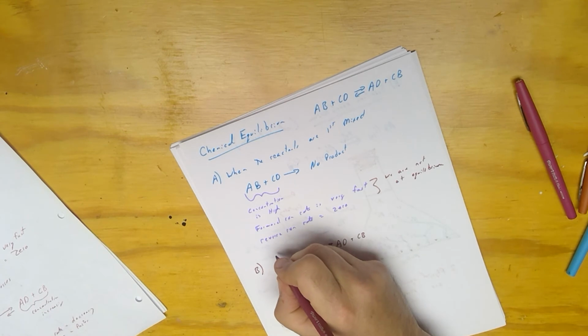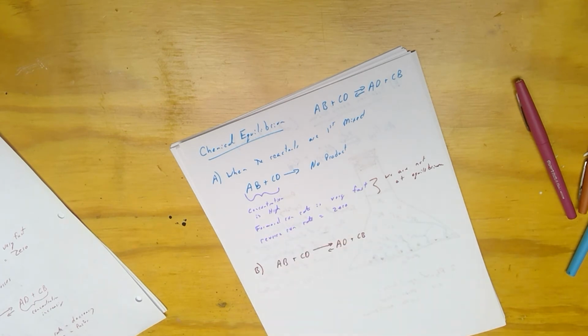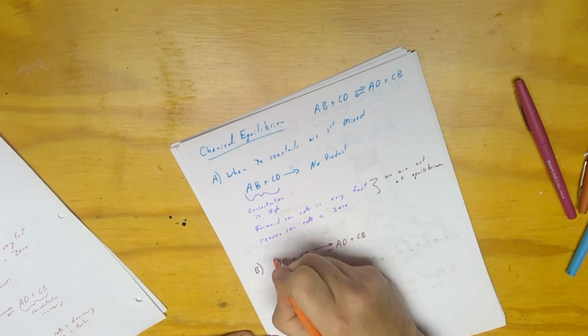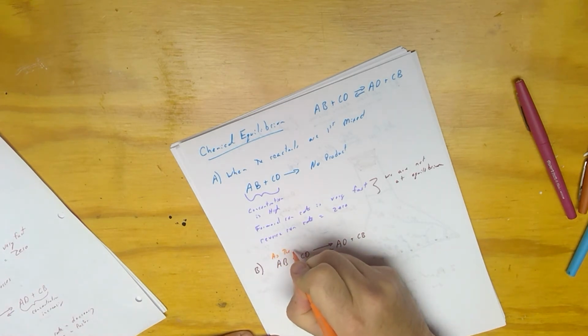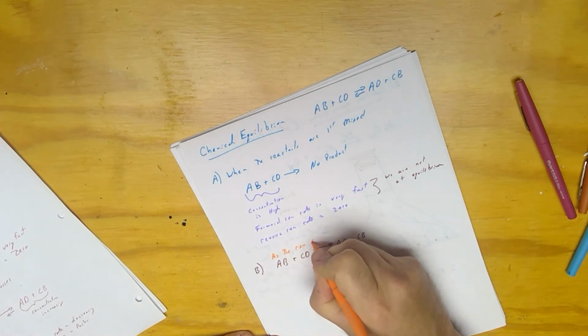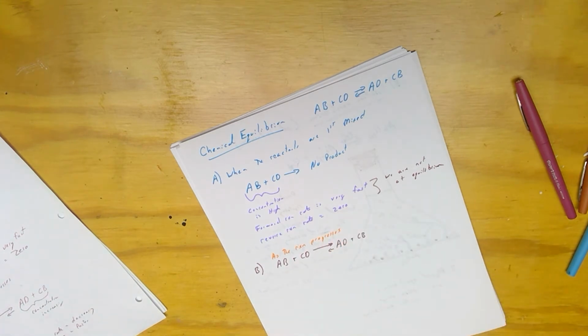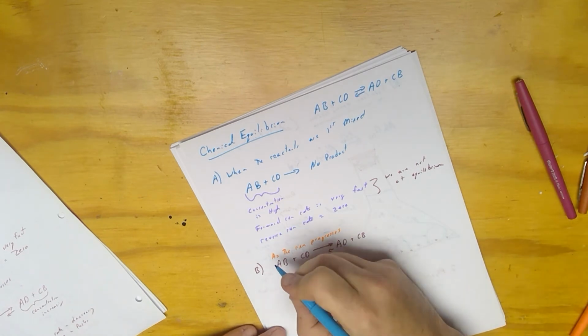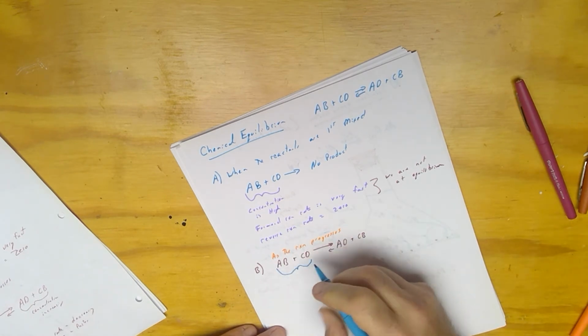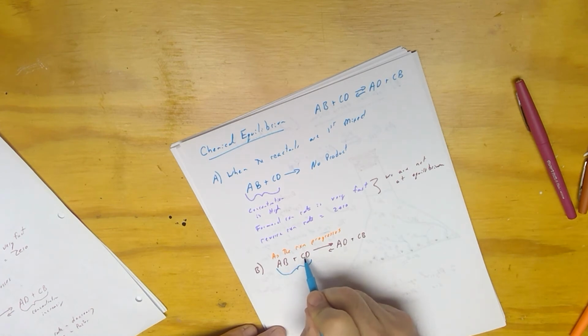So let's write this right here, as the reaction progresses. Now, as this reaction happens, what happens to the amount of AB and CD?